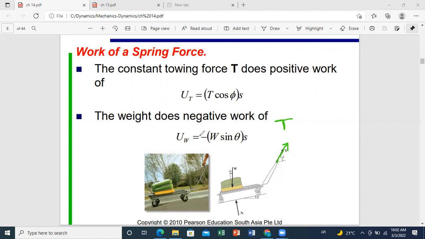Okay. To start with, we have the normal reaction. Normal is perpendicular to contact. This is the contact line. So normal is perpendicular to the contact between the wheels and the ground. Of course, we have normal at both wheels, but we can just get a resultant for both.